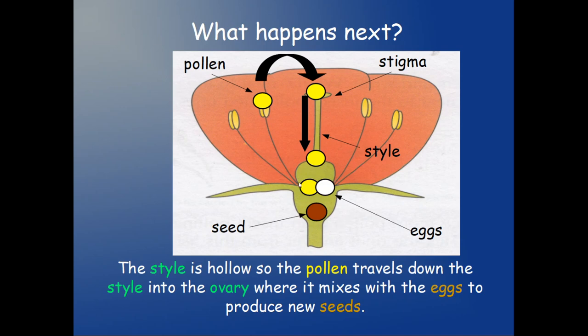All this green part is called the ovary. And in the ovary, we have the eggs or ovules. Okay? Now, when the pollen and the eggs get together, they are gonna make seeds. Alright? This is the mix between the pollen and the eggs.